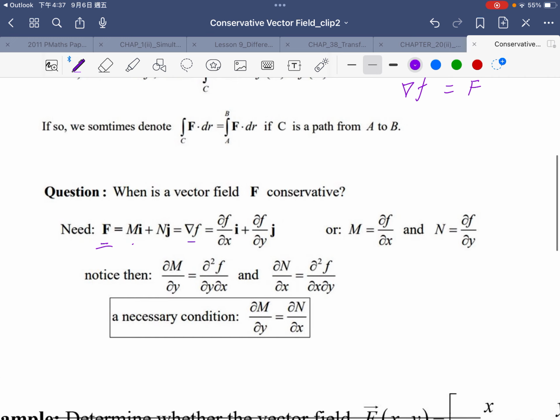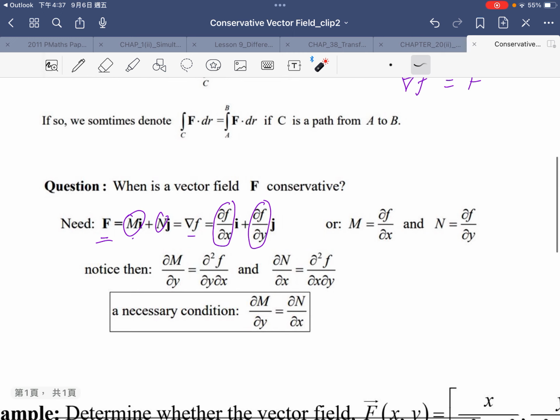Please be careful. We can observe that this is M, this is N, and the i-th entry should be the partial derivative with respect to x, and the j-th entry should be the partial derivative with respect to y.